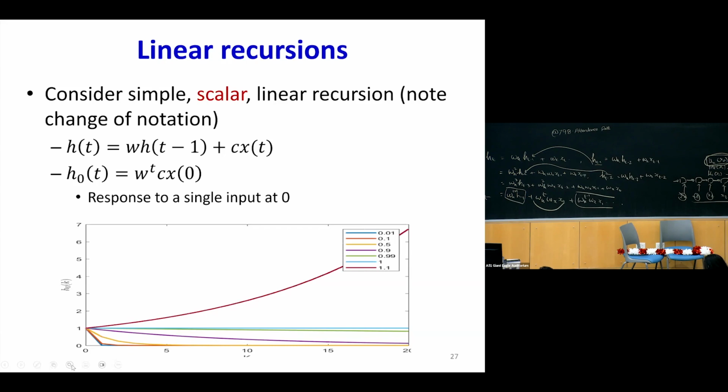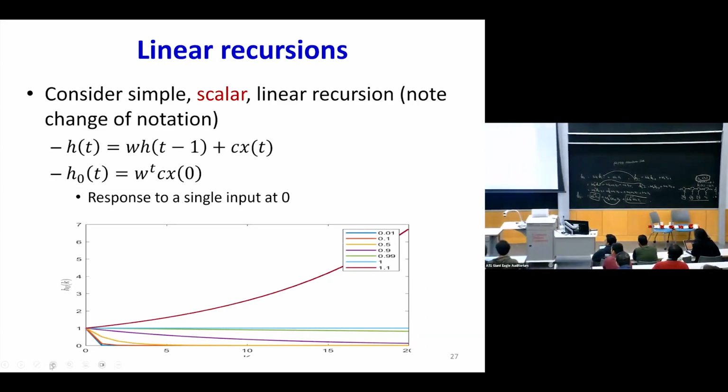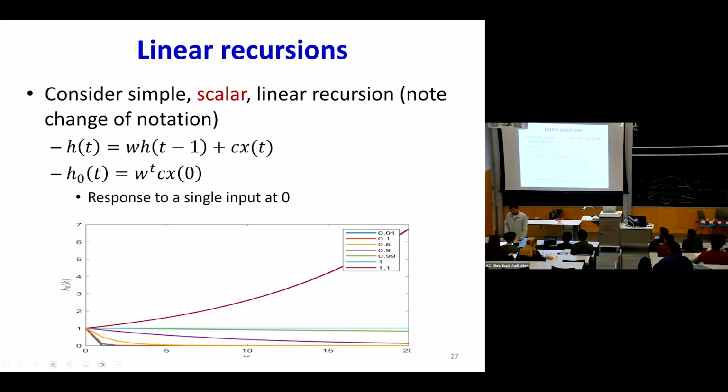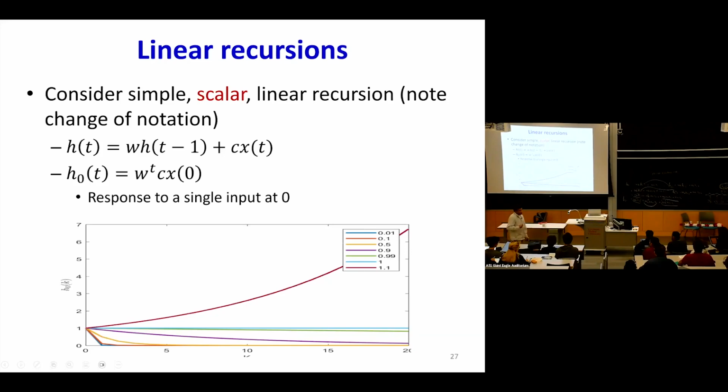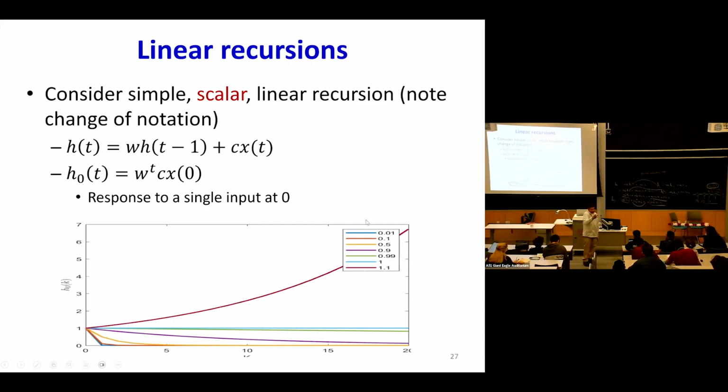If it's less than 1, it's going to diminish to 0. And if it's exactly 1, it's going to stay constant. If I wanted to remember the initial value forever, what is the ideal value of WH? 1. Anything else, it's either going to blow up or it's going to go to 0. That makes sense to everybody?